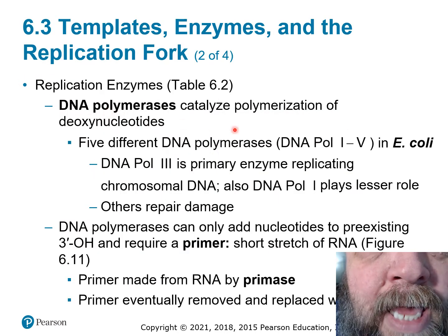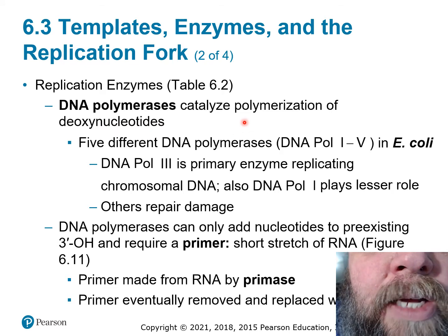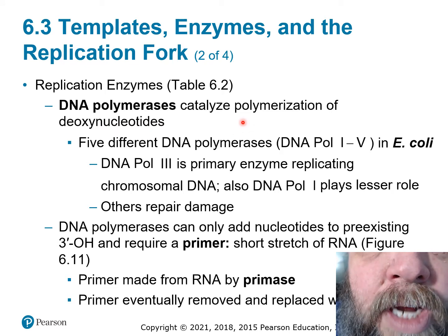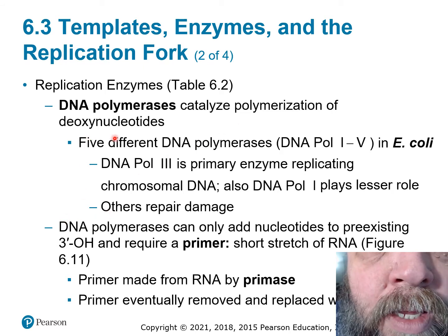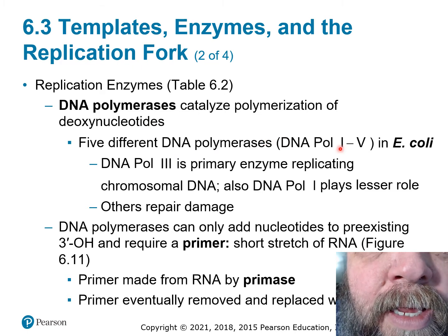DNA polymerases catalyze this reaction. They catalyze the addition of the incoming triphosphate nucleotide into the growing polynucleotide. They add it at the open 3' end. And there are 5 DNA polymerases in E. coli: DNA polymerase 1, 2, 3, 4, 5.